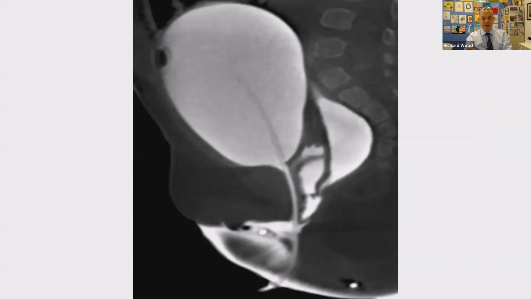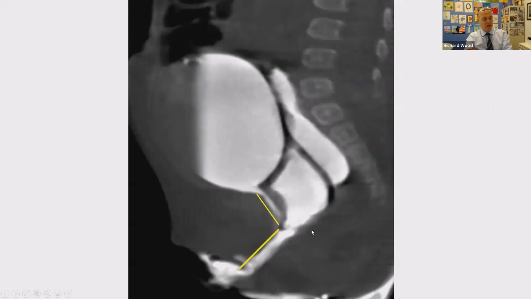So just to go back to what we were talking about before, this is a patient where they have a long urethra and a very short common channel, right? Here's the vagina, here's the rectum, there's a long urethra, and the common channel here is extremely short. Here's an example of a patient with a short common channel around 2.5 to 3 centimeters and an adequate urethra, a good urethra of more than 1.5 centimeters.